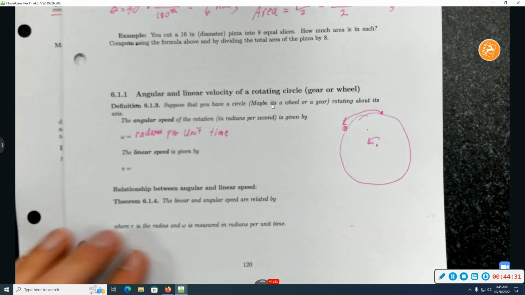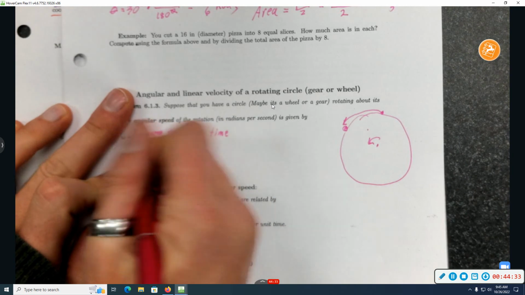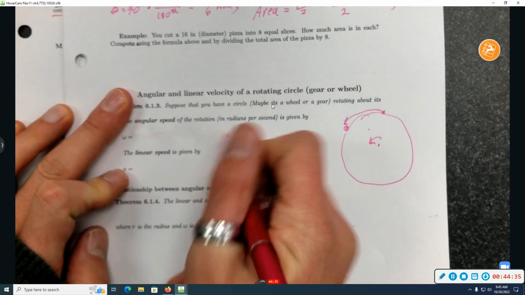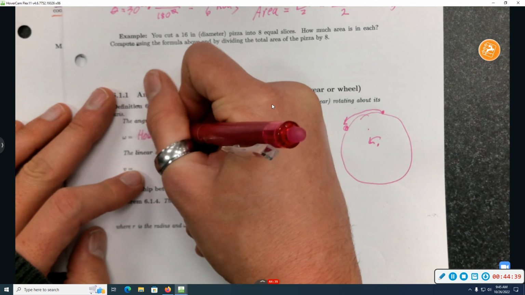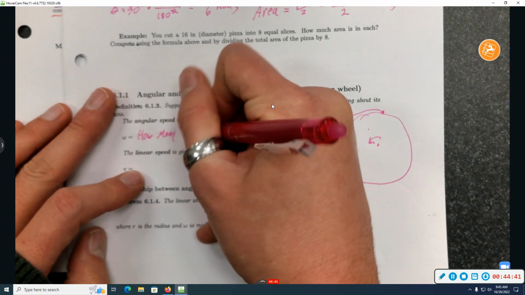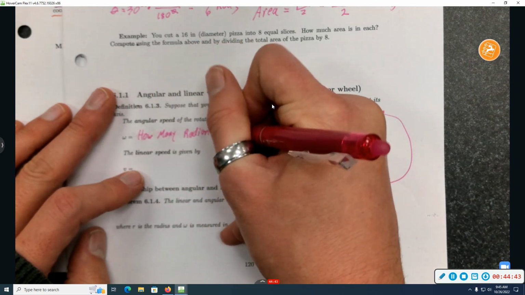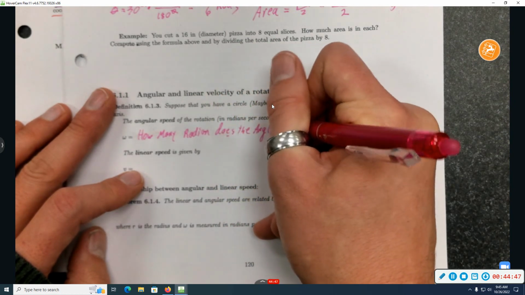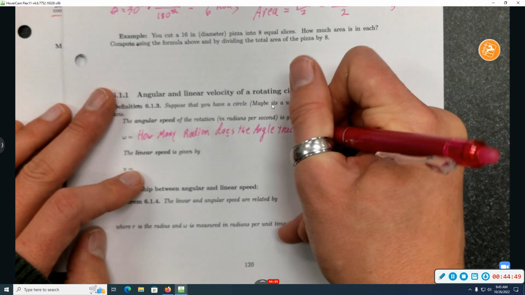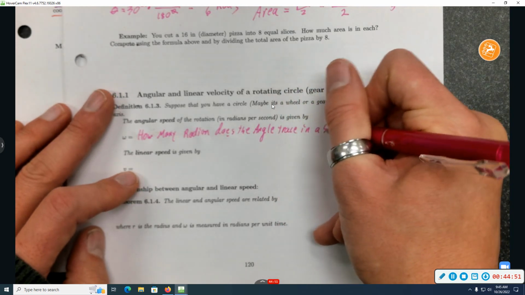The linear speed, let's write that a different way. How many radians does the angle trace out in a second?